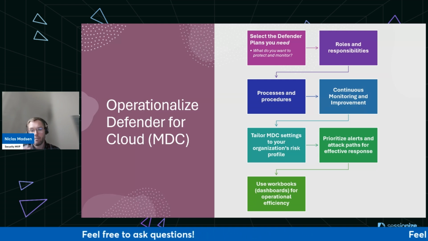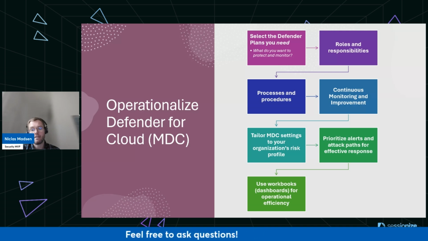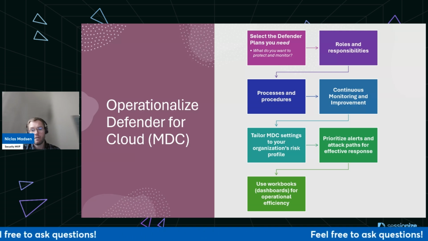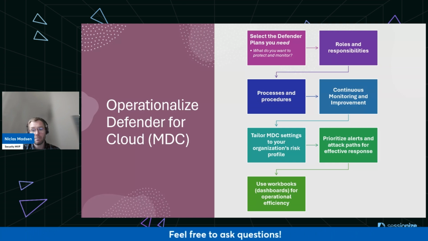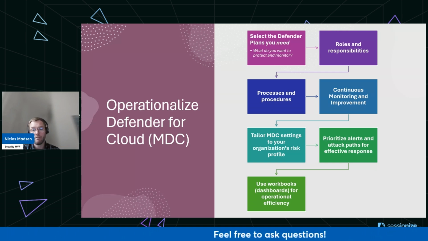Then the next point here is that you need to define roles and responsibilities. This is really essential to the whole operationalizing of Defender for Cloud. This includes, as I mentioned earlier, identifying who is actually responsible for specific tasks, who is responsible for the whole Defender for Cloud implementation, and also maintenance after go-live.